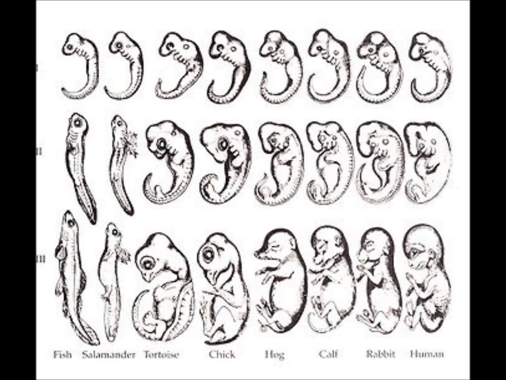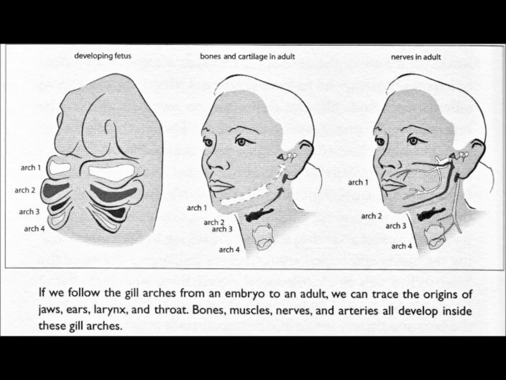The thing to point out is back here, these little lines that you see going up under what would be like the nose and the eye. Those are the gill arches, and they occur in human embryology as well. The gill arches become your vocal cords and a number of other things.